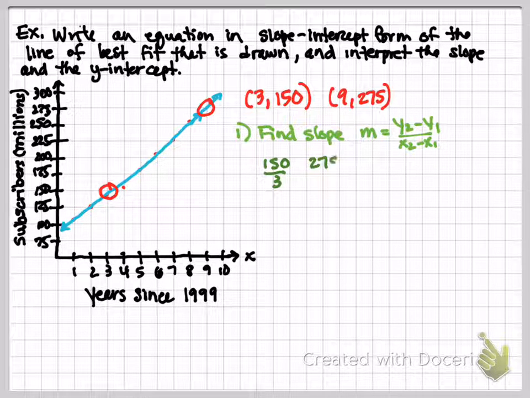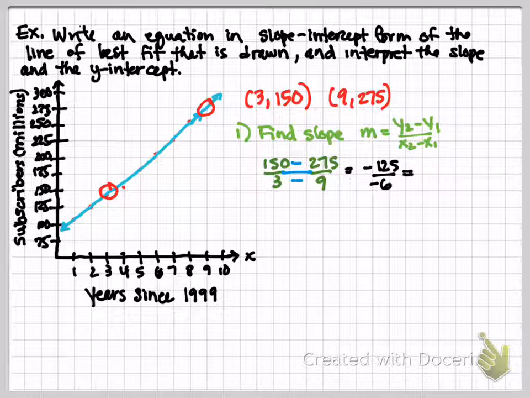We have 275 over 9. We're going to connect and subtract. That ends up giving us a negative 125 over a negative 6. And two negatives make a positive, so we get 125 over 6.